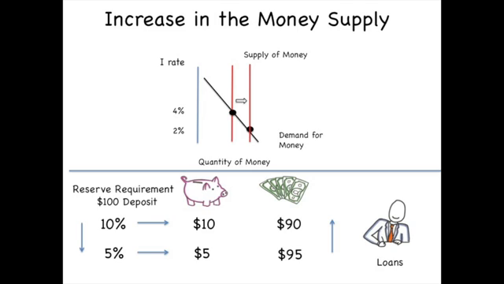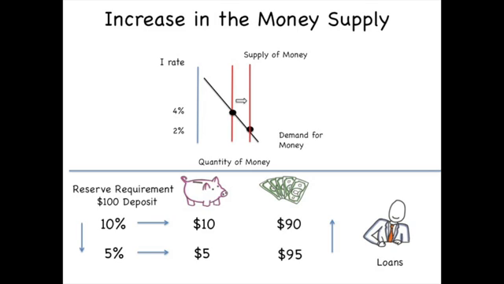The first way the Fed can increase the money supply is by changing the reserve requirement. Remember, the reserve requirement is the amount of money that banks are required to keep in their reserves. With a 10% reserve requirement, $10 of a $100 deposit will have to be kept in reserves. This means that $90 can be loaned out.